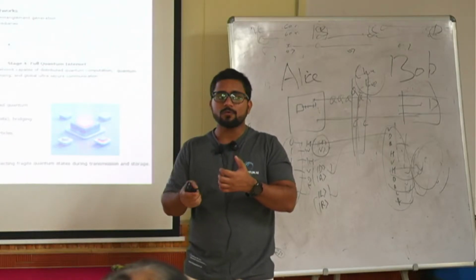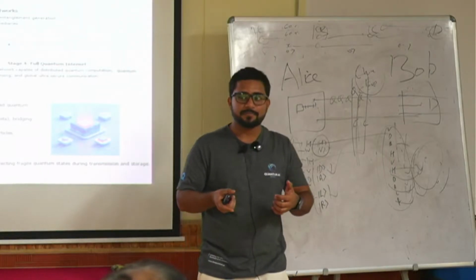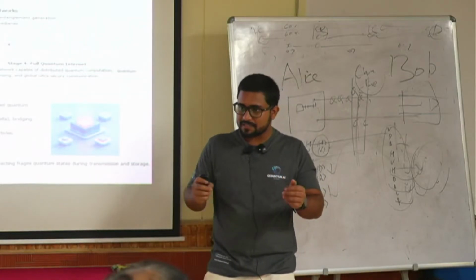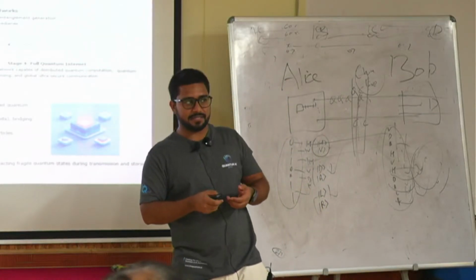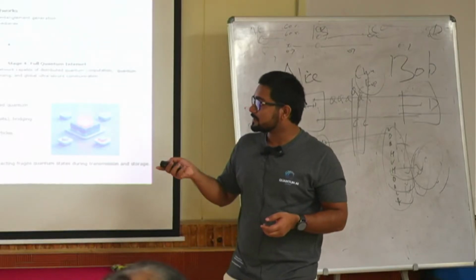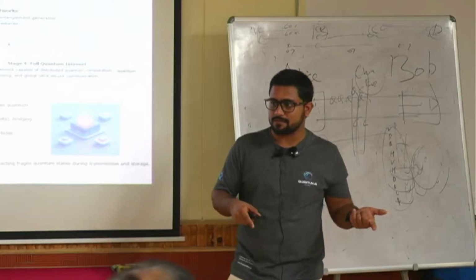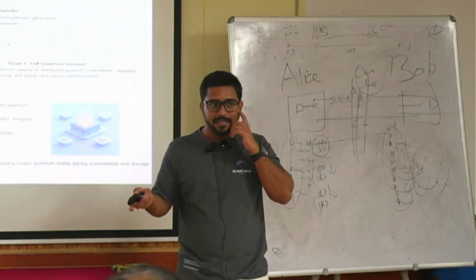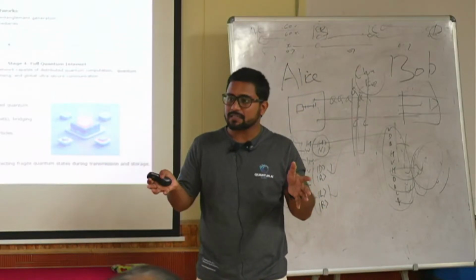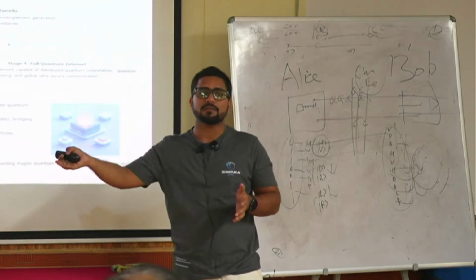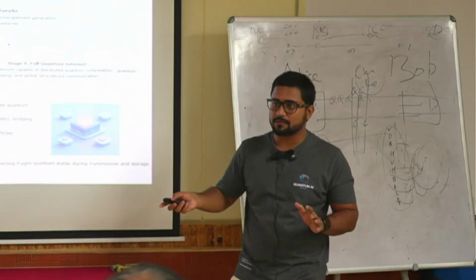So microwave to optical transduction will also happen inside a low temperature refrigerator, which is called a dilution refrigerator, and that is something called a quantum transducer. So this is one example of a quantum transducer. There are n types, all permutations and combinations you can check. So there will be multiple types of transducers that are required for distributed quantum computing.